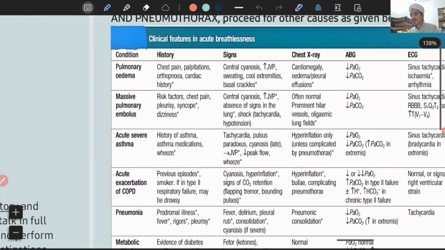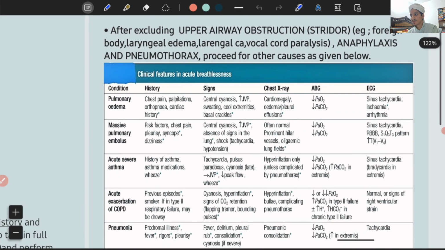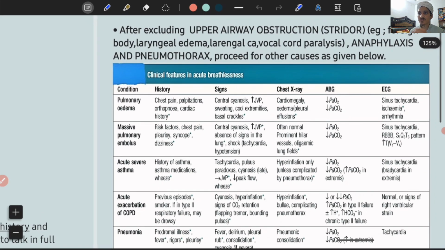Now, how will you proceed in a patient who presents with acute respiratory failure, that is, breathlessness? You will proceed as you do in acute breathlessness. First you will exclude upper airway obstruction.